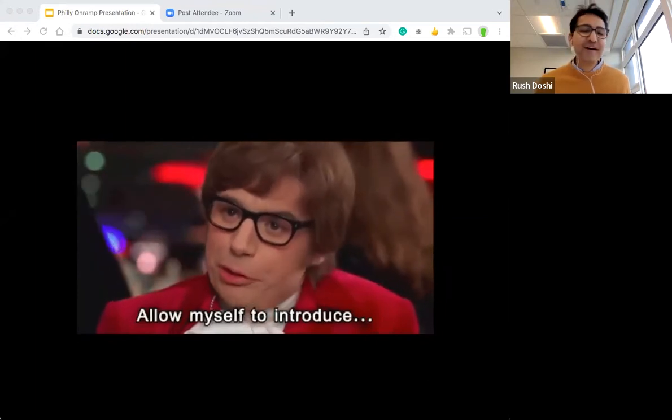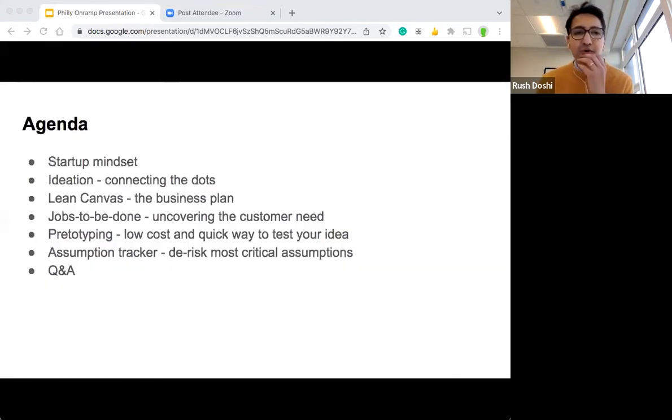I also wanted to quickly go over some of the things that we'll be covering in today's session and workshop: talking about the startup mindset, going over some fun ideation techniques in case you're still in the early stages of your idea, and then going through some tools and frameworks that I found to be really useful, not just for myself, but for a lot of the teams that I work with.